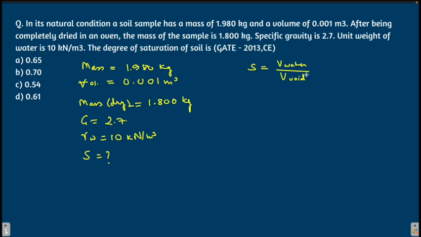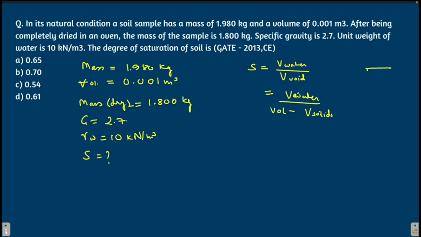Now we don't know the volume of water, and also we don't know the volume of voids, but can we say that the volume of voids is total volume minus the volume of solids? So total volume of the soil minus the volume of solids will give you the volume of voids.